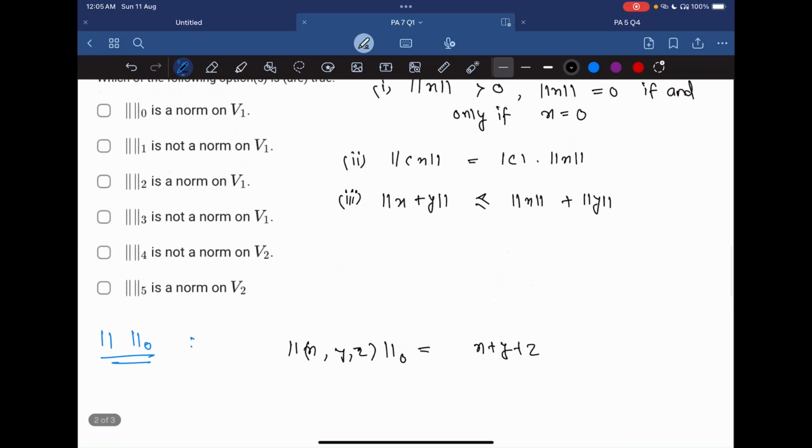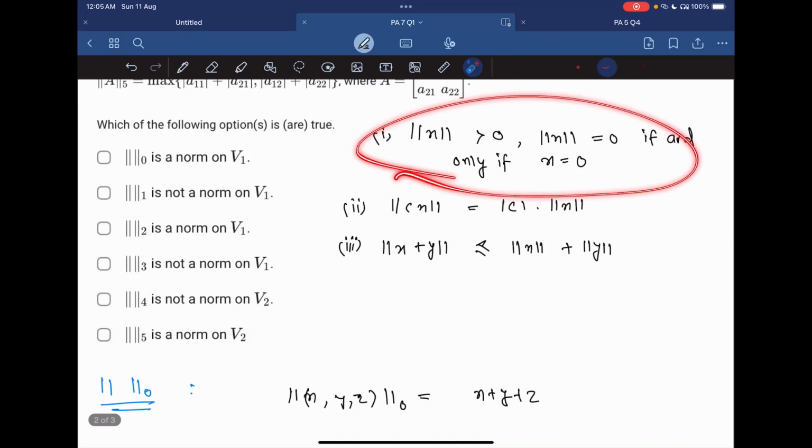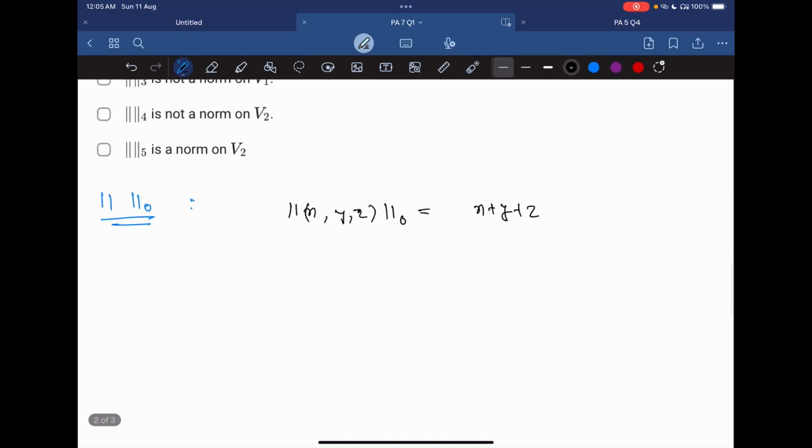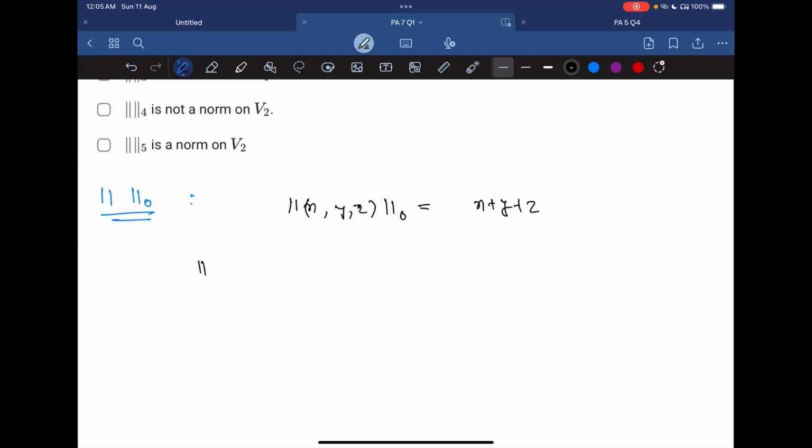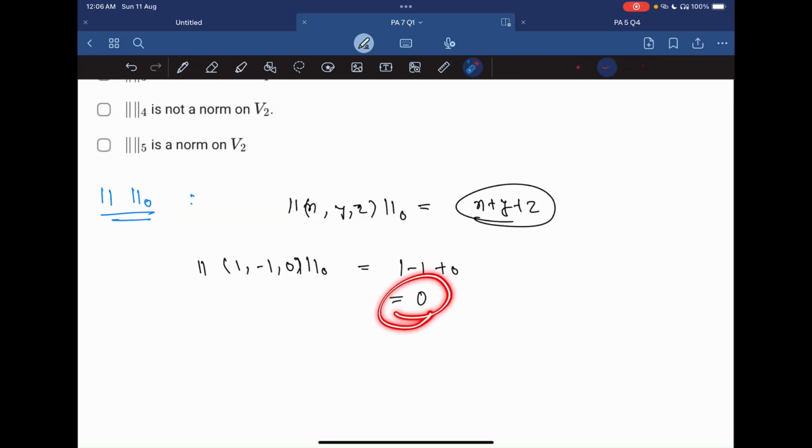So if we try checking the first condition on this function, then let's take an example for finding the norm of (1, -1, 0). Then based on this condition, that is the summing of all the elements, it would be 1 minus 1 plus 0, that is equal to 0. So we are getting 0 while our vector for which we are trying to find is not equal to 0.